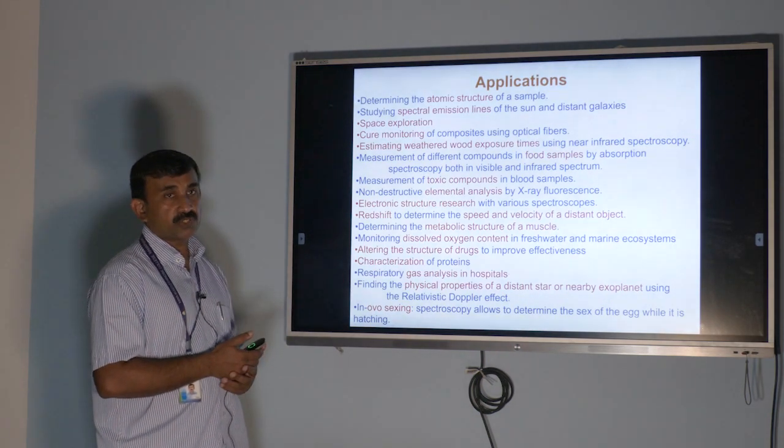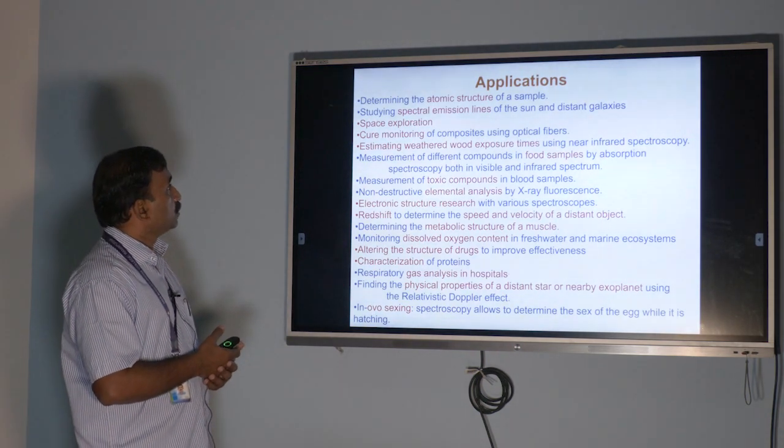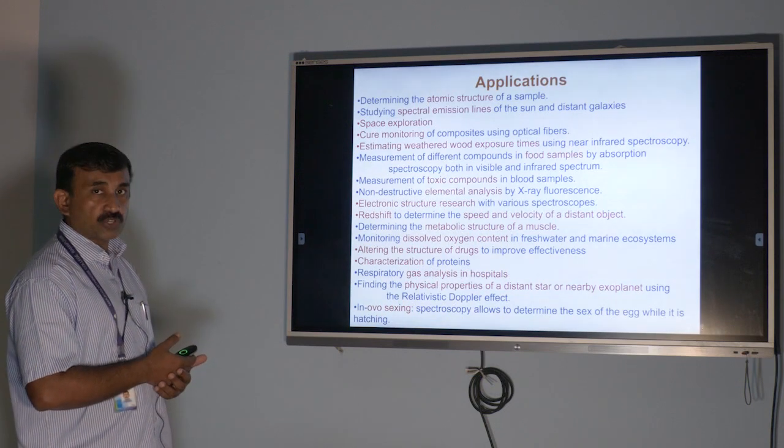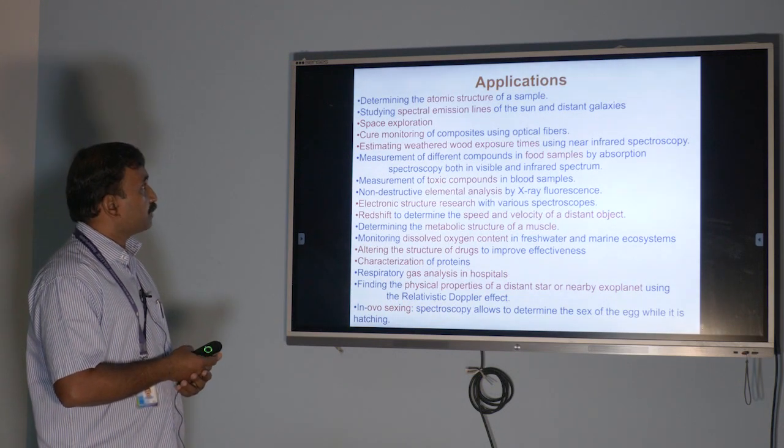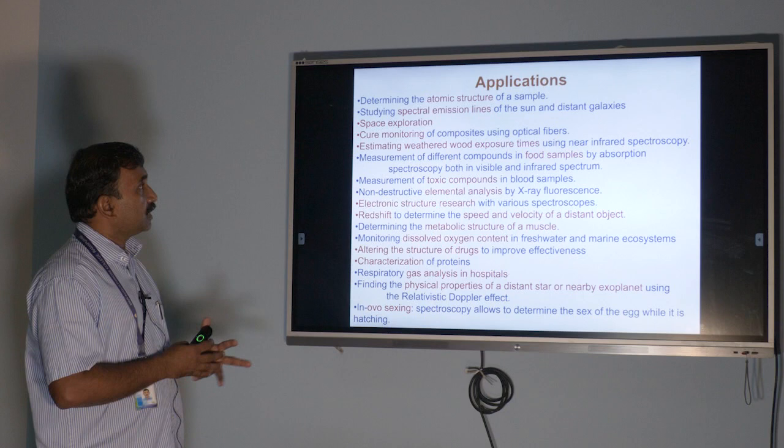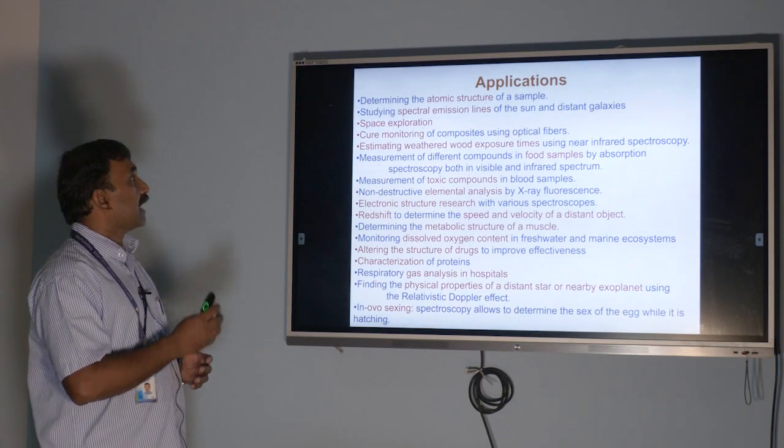Coming to the applications of spectroscopy, it is used to determine the atomic structure of a sample, studying spectral emission lines of the sun and distant galaxies.